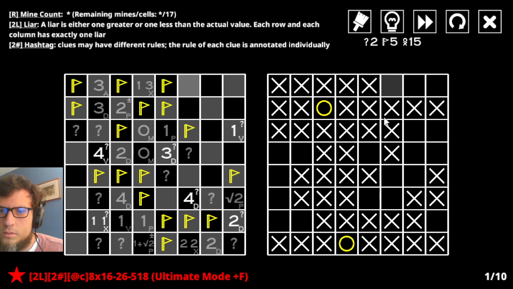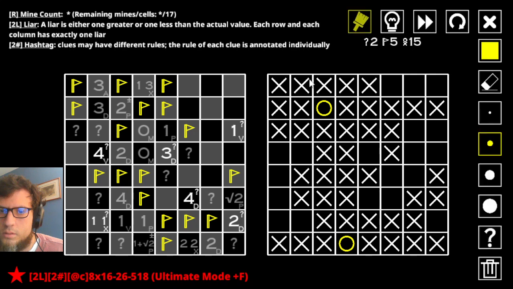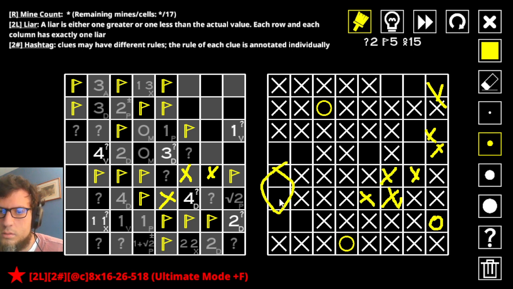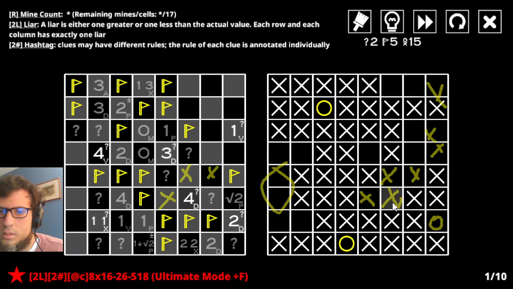Is there any, like, guaranteed liars anywhere? Okay, if this is honest, these are all mines, that would force this to be a liar, right? So, this being honest forces that to be a liar. Which makes... Oh, these are all mines too. Oh, hey! You're not allowed to be honest.